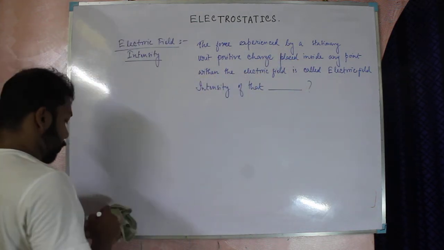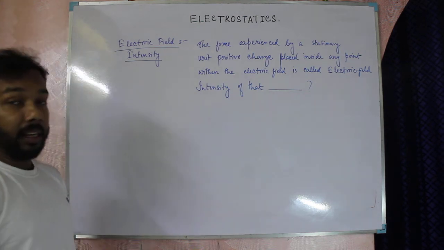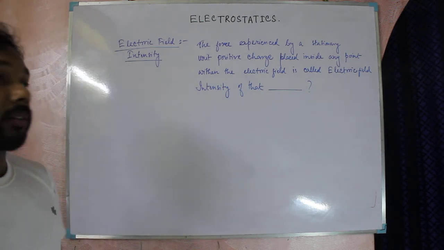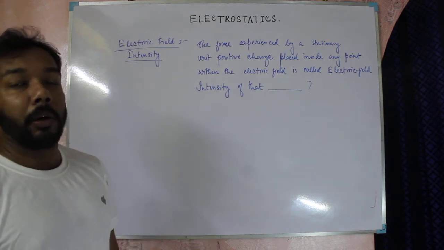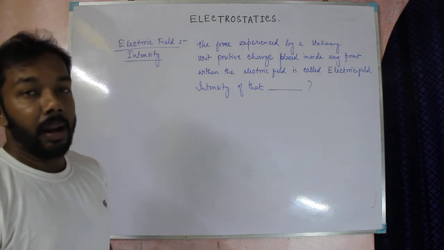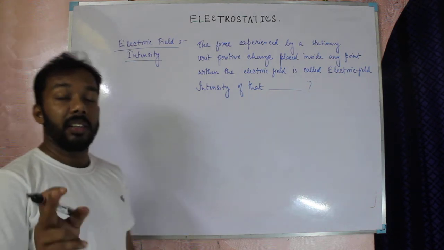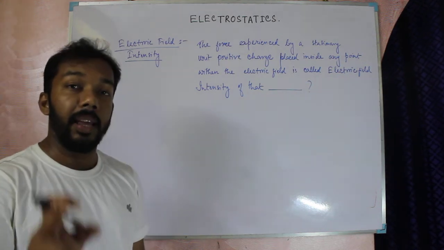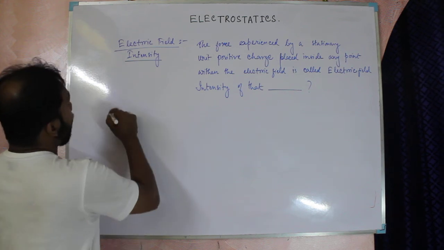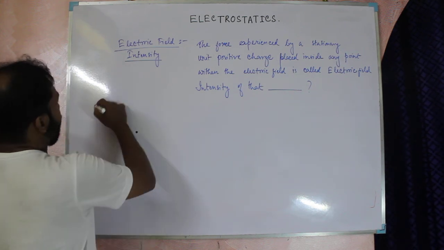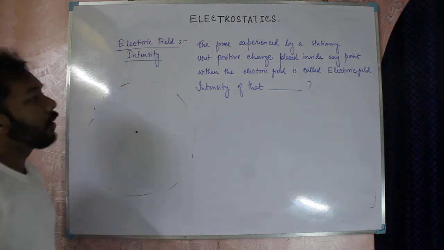Now both the charges have to be stationary. This is a note. Both the source charge and the test charge have to be stationary, because a moving charge produces a magnetic field and an accelerated charge produces an electromagnetic field. Only a stationary charge produces an electric field. So there is a source charge and it has got a field.